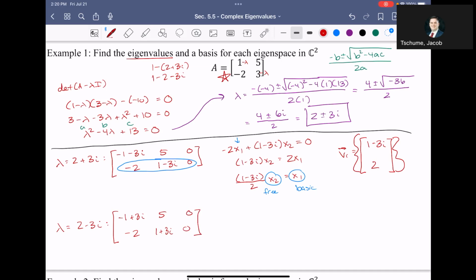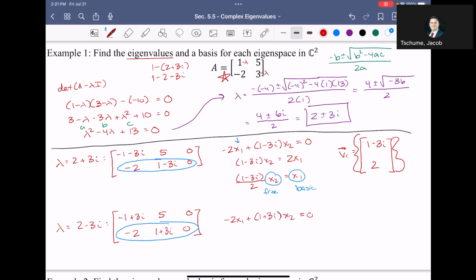Once again, you can pick either row you want to, but what I'm about to show you here in about 2 minutes in this problem is a nice little shortcut we're about to develop. But in order for us to see this shortcut, here's what we have to do. Since I picked row 2 the first time, let's be consistent and keep the same row and watch what happens. You're going to end up with negative 2x sub 1 plus (1 plus 3i) times x sub 2 needs to equal 0.